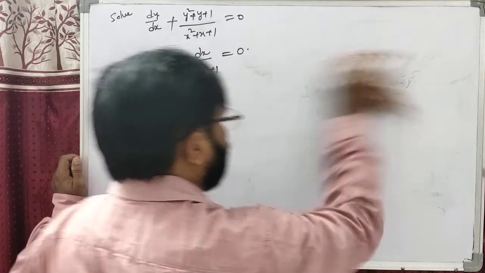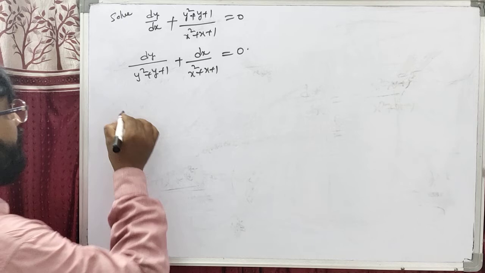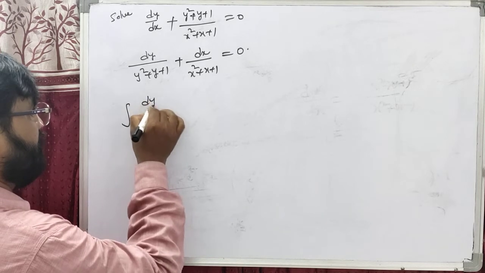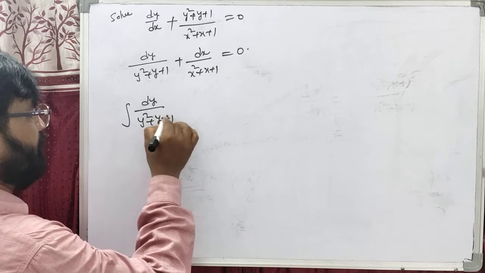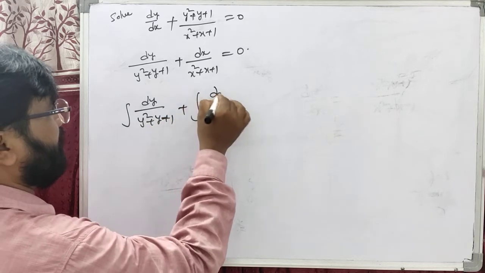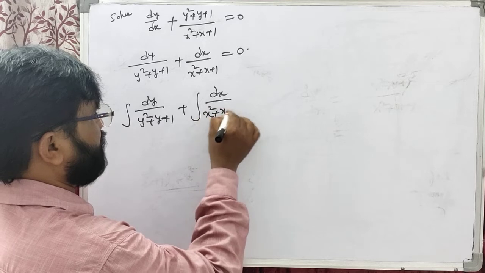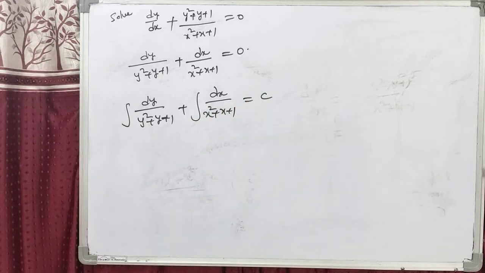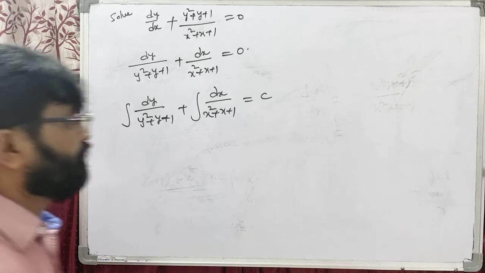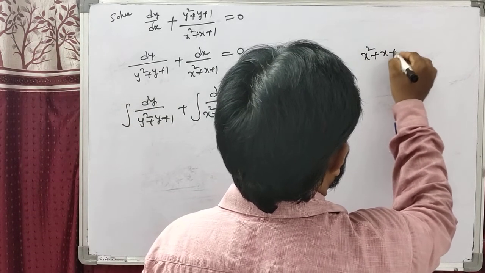In the next step, we can apply the integral on both sides. When we apply the integral, students, this is integral dy by y square plus y plus 1 plus the integral dx by x square plus x plus 1 equal to c. Now how to write x square plus x plus 1?